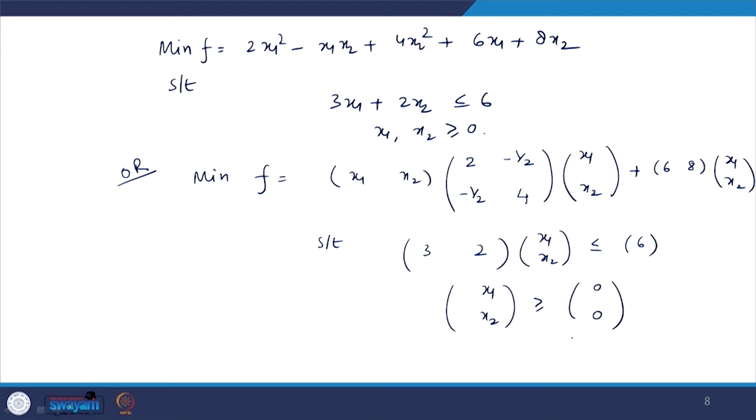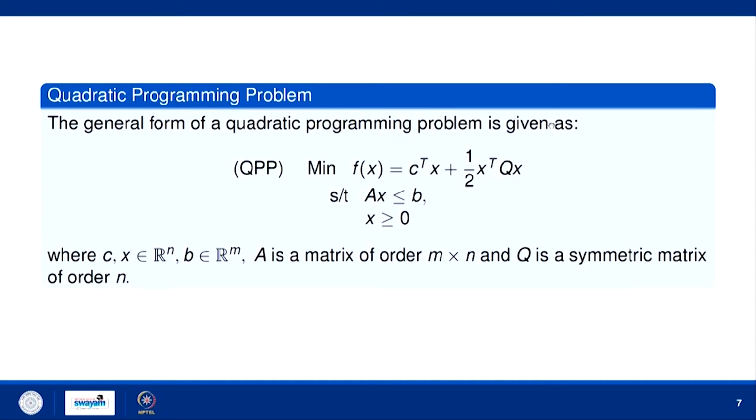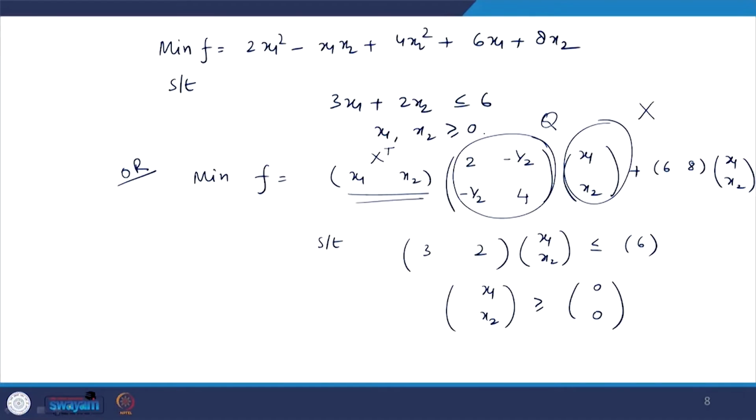If you take this as capital X, this will be X transpose, and this you can take as Q. Here I have taken a half, so I can take a half here and multiply this by 2.